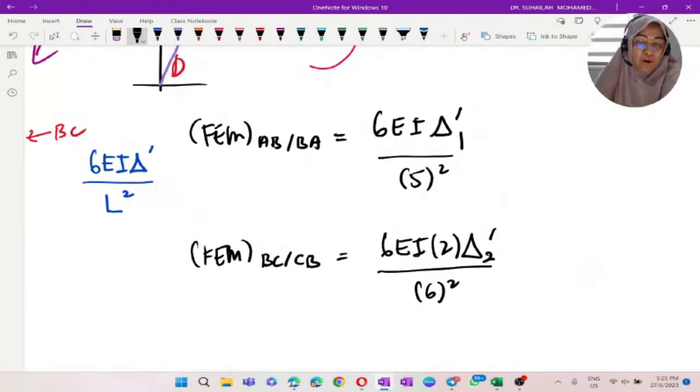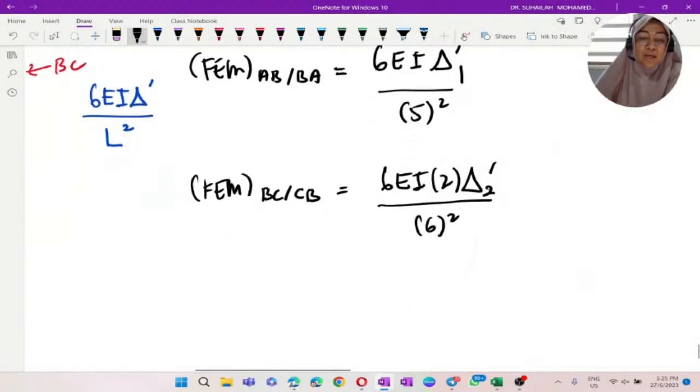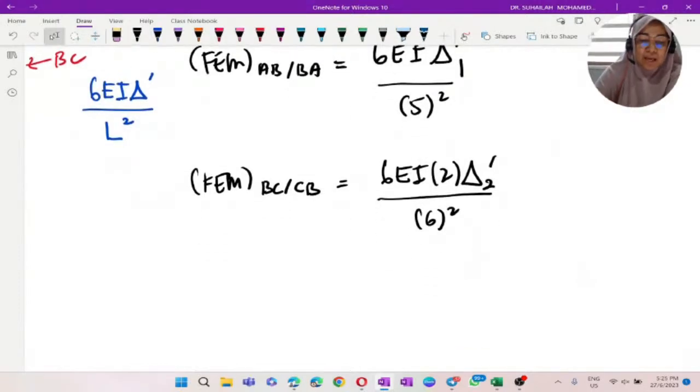Okay, this is the formula whenever we calculate FEM for member BC. For member BC, it is a beam, so we use delta 2 prime. Next is FEM for member CD.